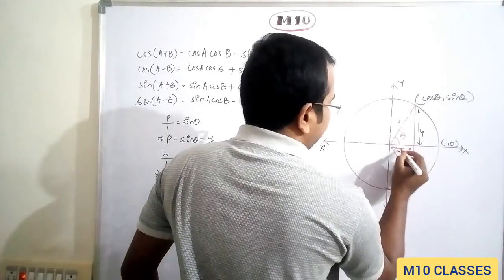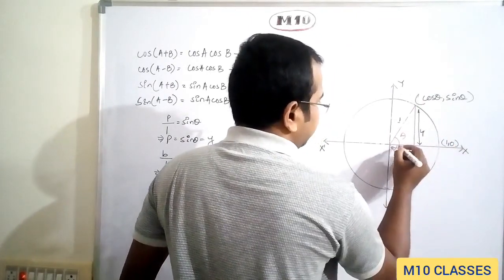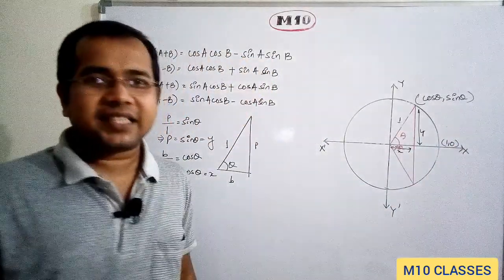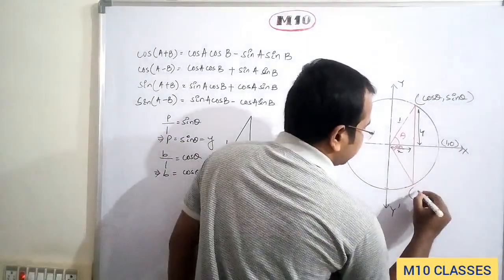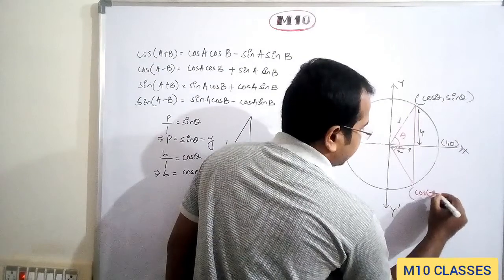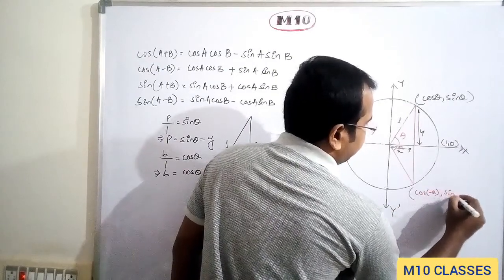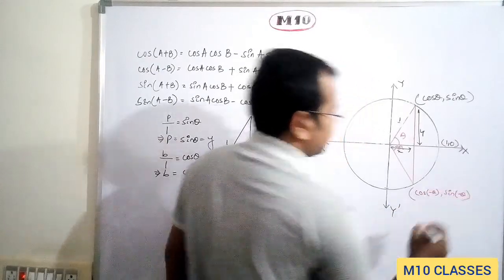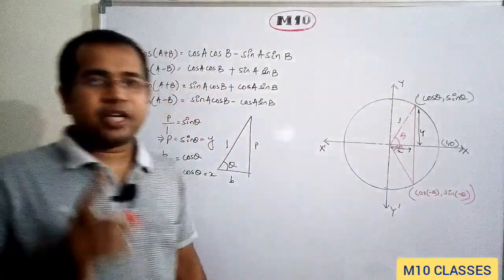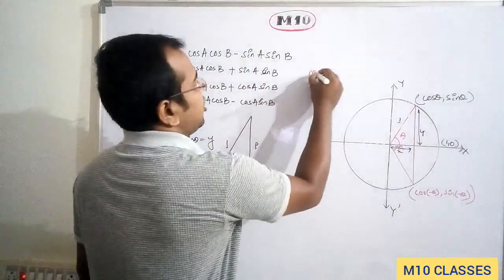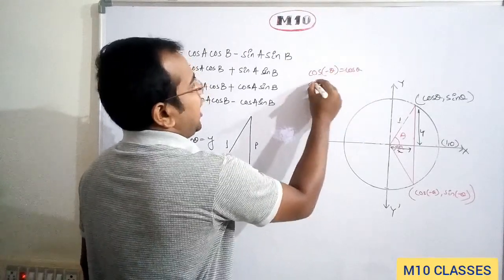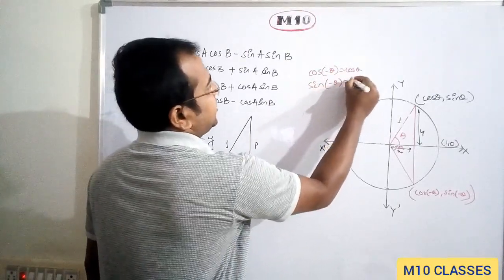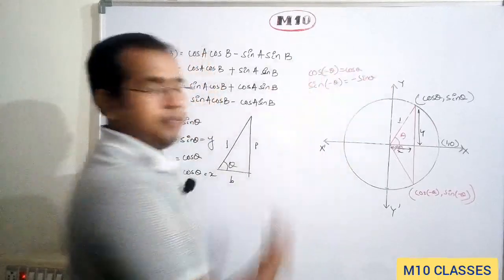Now let's say I'll take this theta below 0, so that will be represented as minus theta. If that will be minus theta, the coordinates of this point will be cos of minus theta and sin of minus theta. Students, remember that cos of minus theta is cos theta and sin of minus theta is equal to minus sin theta.